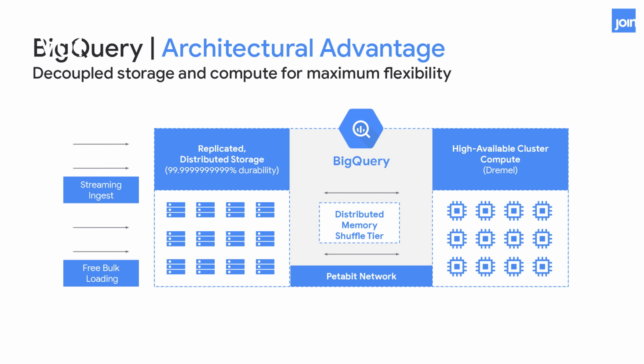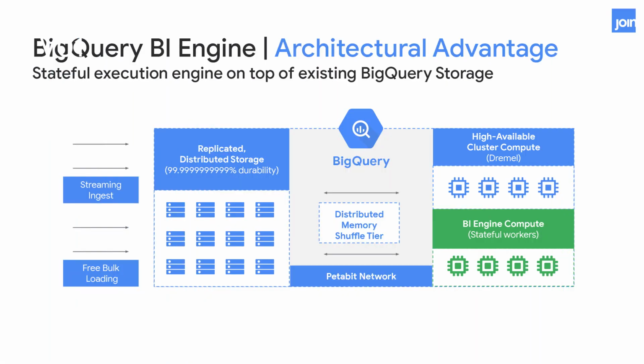On the left we have storage, that's where BigQuery stores all the data, and in between we have the shuffle network layer. So let's see how BI Engine fits into this architecture. It fits very naturally. The only thing that we changed about the architecture is that we added another type of workers, stateful BI Engine workers.